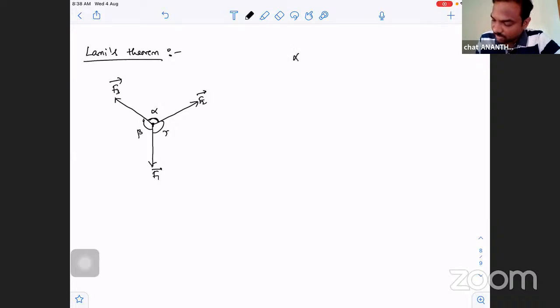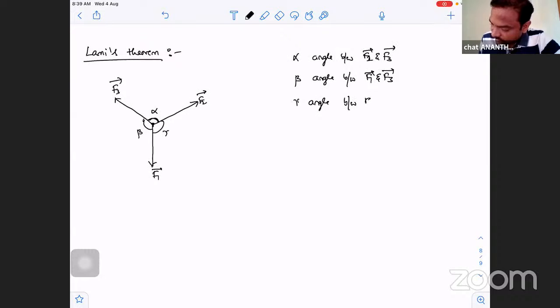If you want to write down: alpha is the angle between F2 bar and F3 bar. Beta is the angle between F1 bar and F3 bar. Gamma is the angle between F1 bar and F2 bar.